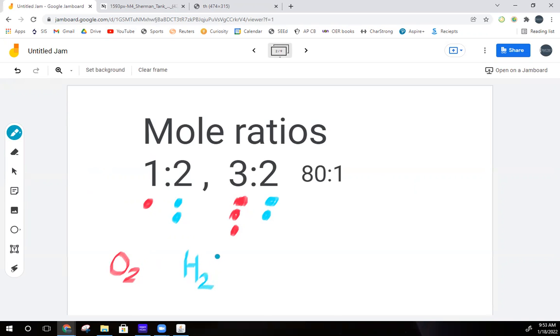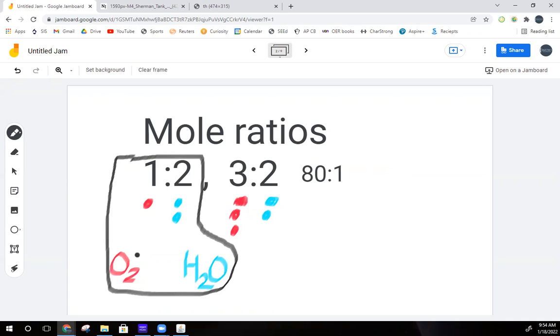Just a nice and easy example. So for every 1 oxygen, I need 2 waters. In this example, let's circle this one, it's one of these to two of these.